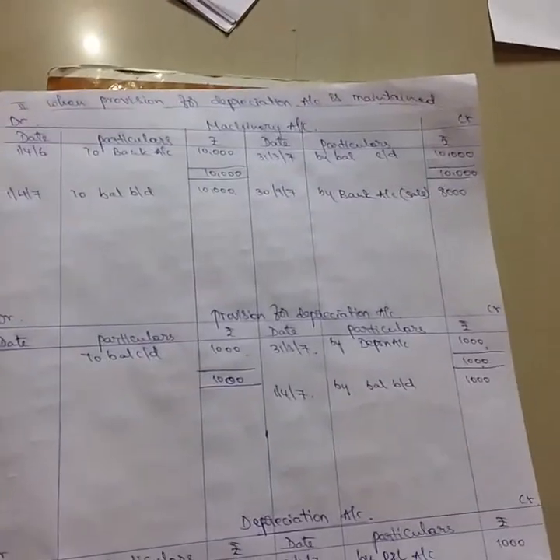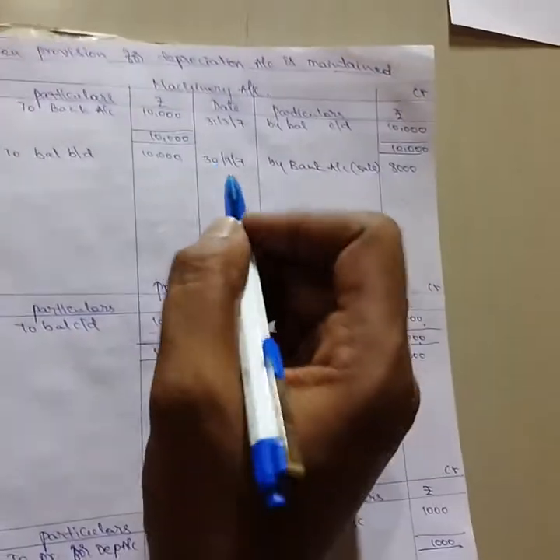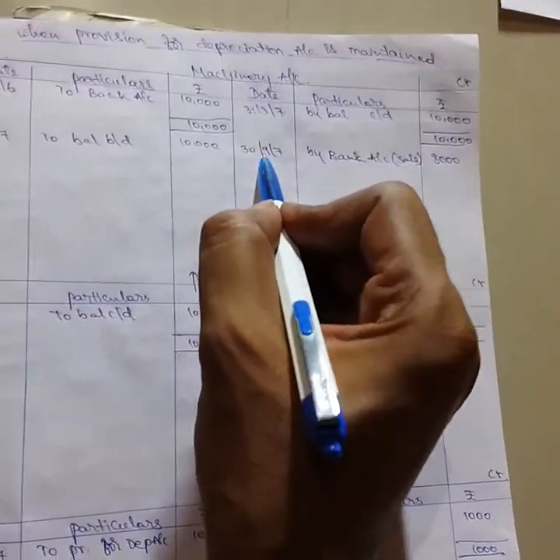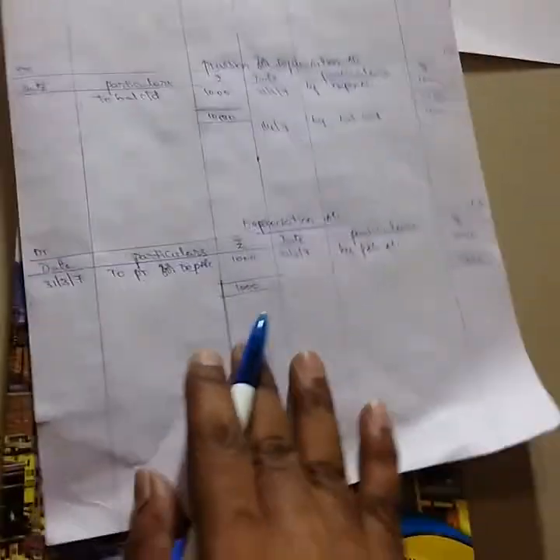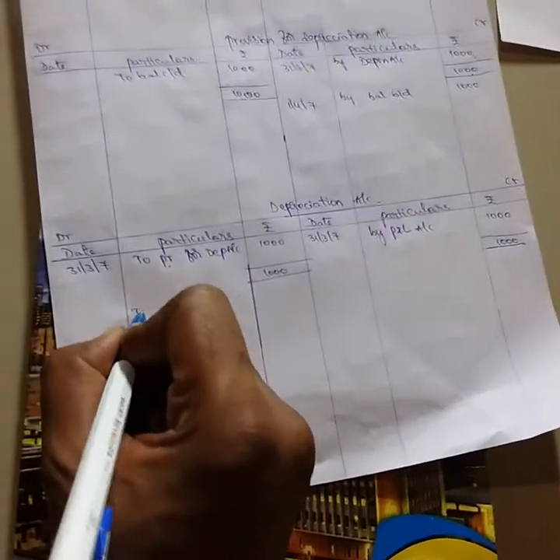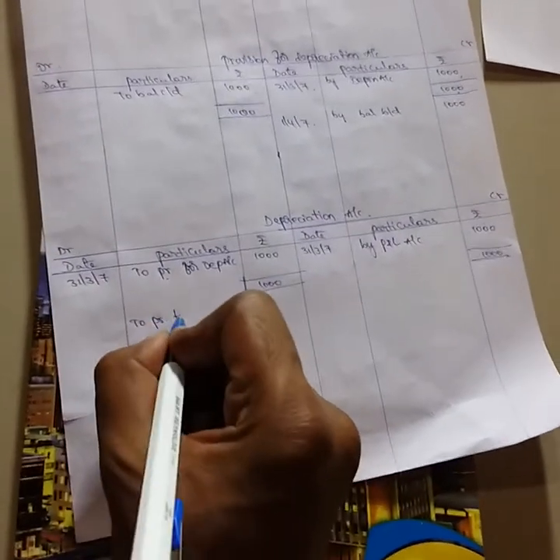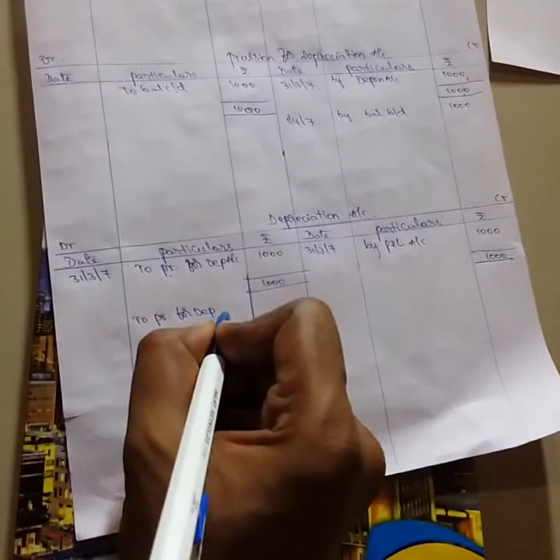And for this asset, depreciation should be charged on the selling date. So journal entry for charging depreciation: depreciation account debit to provision for depreciation account.